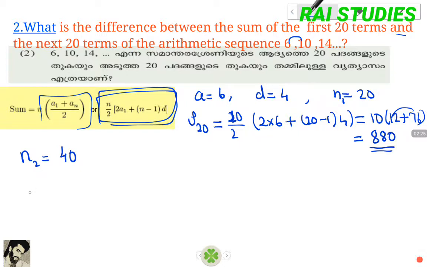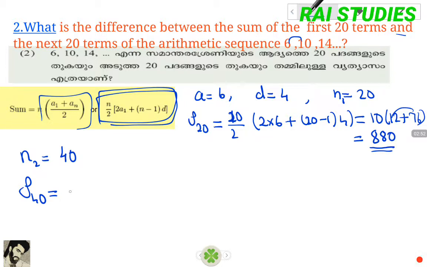So you have to compute the sum of 40 terms of the sequence, and then subtract the earlier sum from that, so you get the difference. So here I am taking n equal to 40, because the question asks for the next 20 terms. The 20 terms after these 20 terms gives us 40 terms.